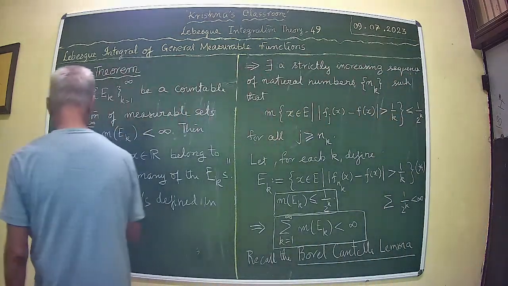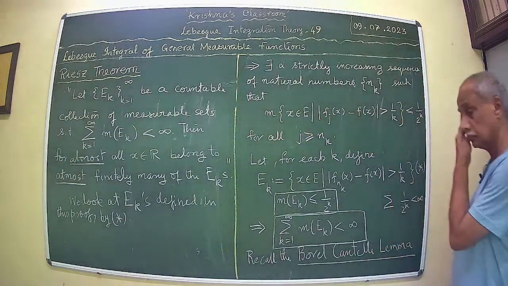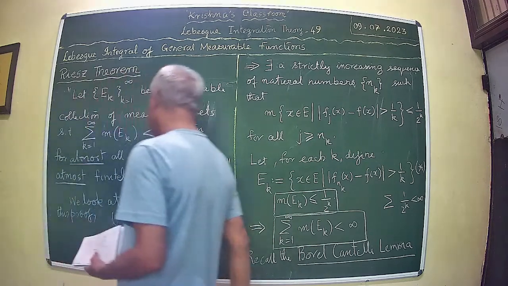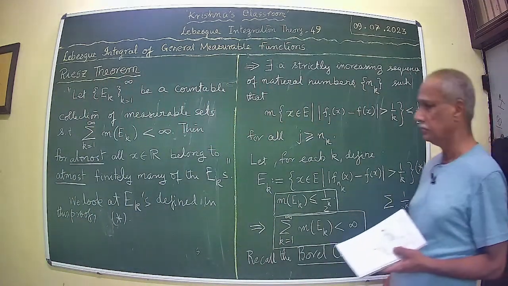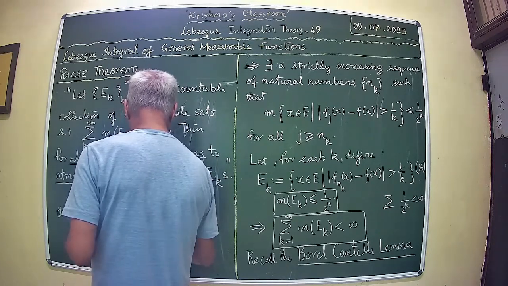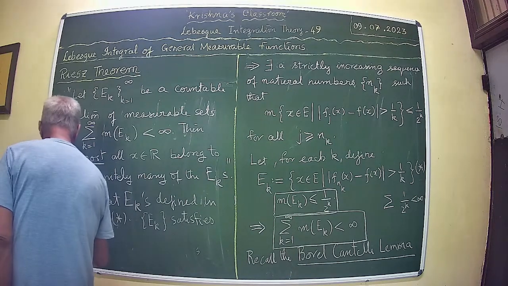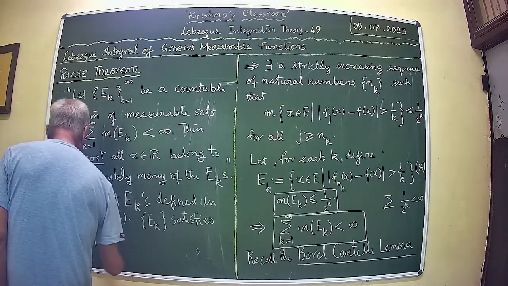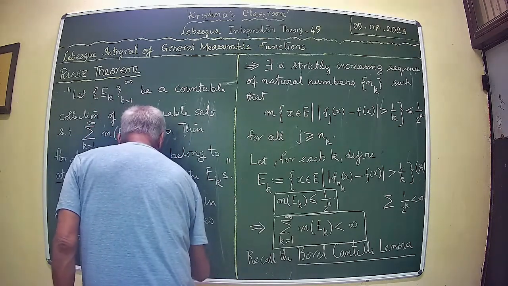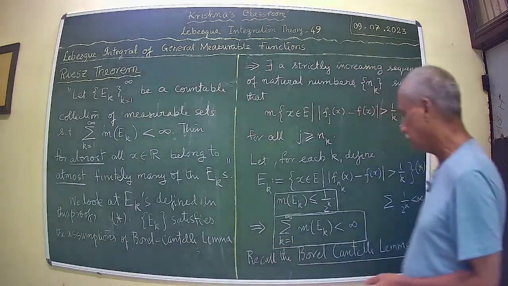Let's designate this by star. Now this collection Ek satisfies the assumptions of the Borel-Cantelli lemma. Therefore, the conclusions follow.